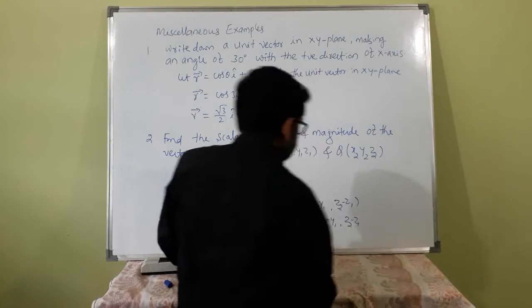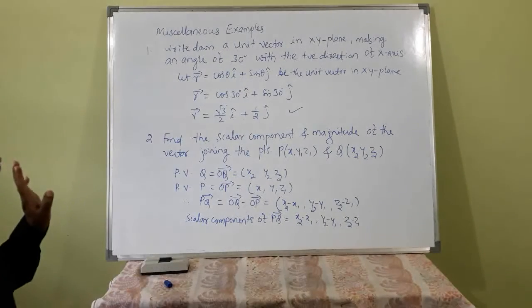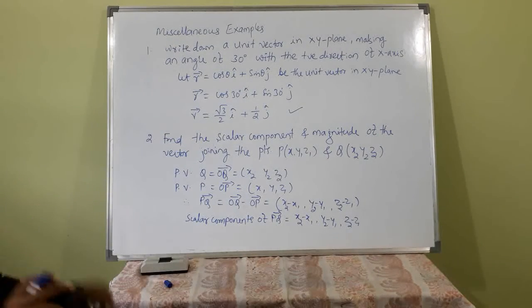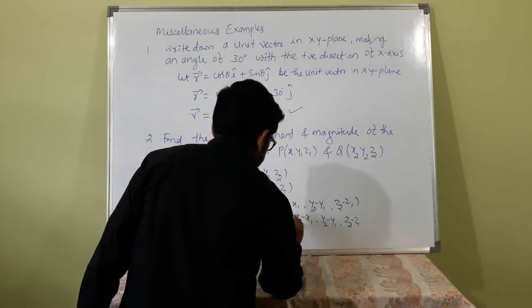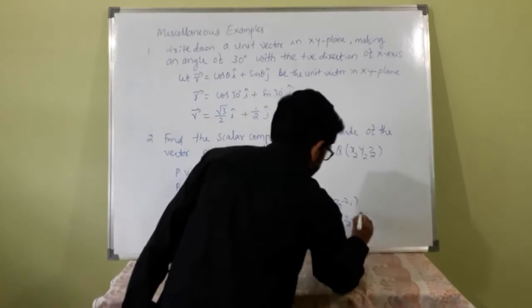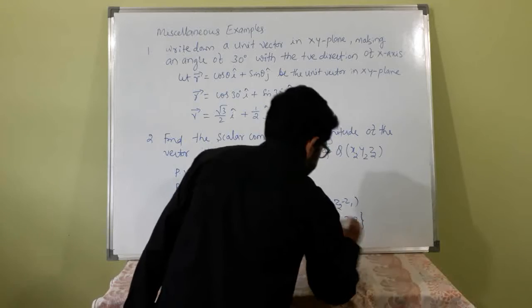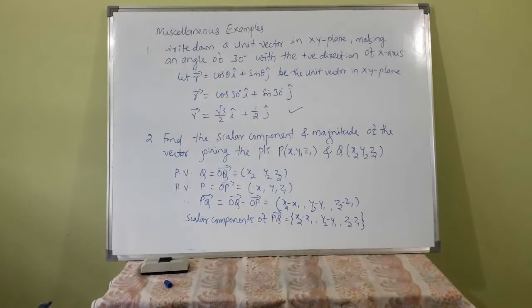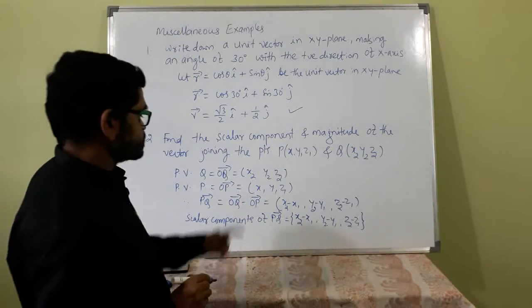Here you can write the comma. You should not write this closed bracket. You can write this flower bracket that indicates set. You can write this flower bracket, or just you can leave without bracket, because these are scalars.